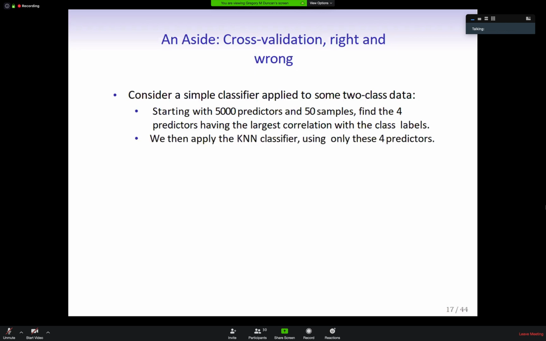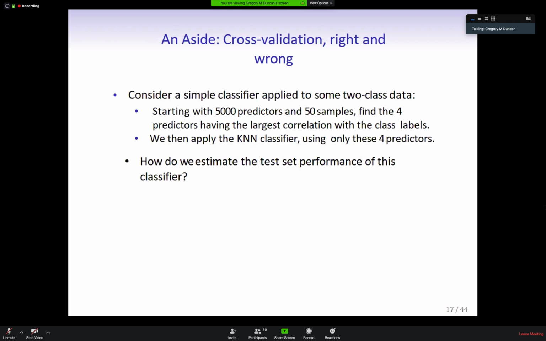And then apply KNN using only those 4 predictors, or use KNN regression using only those 4 predictors. So 2 steps. First, I reduce the number of predictors, and then I do KNN.